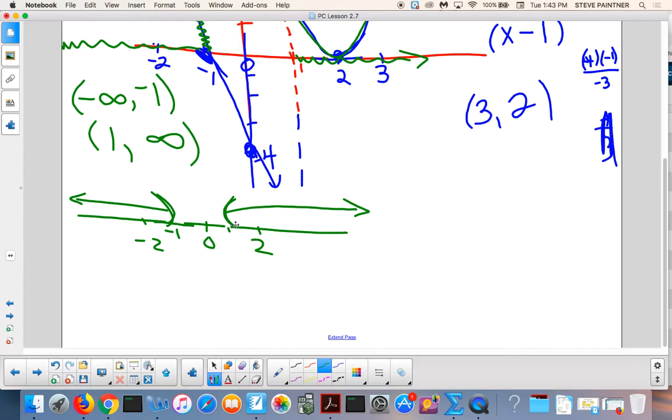But remember, if this thing would have had an equal sign, then they use brackets. Because brackets mean negative 1 gives you 0, which works. So when will the bracket appear? When you have an equal sign. When does the bracket not appear? When you don't have equal signs. Okay. So this is what I will accept. But they will do this to you in the back of the book when you check your answers.